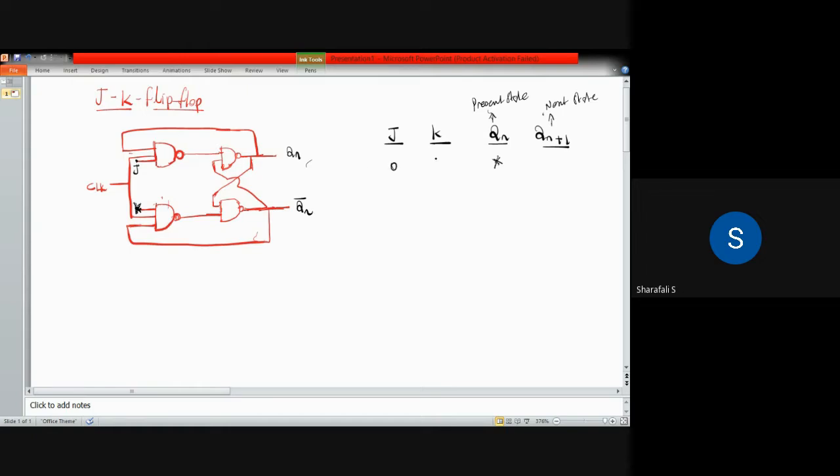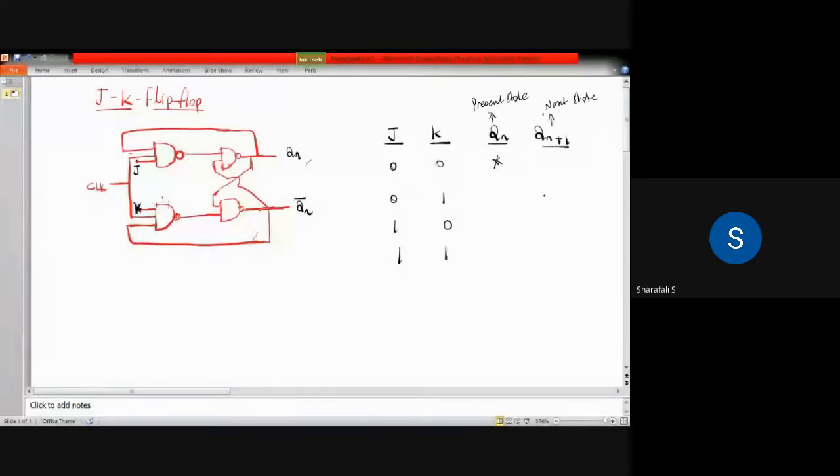If you consider 0 0, 0 1, 1 0, 1 1 as your inputs for this JK flip flop, we do not know the present state for any of these combinations. So I can mark it as cross.